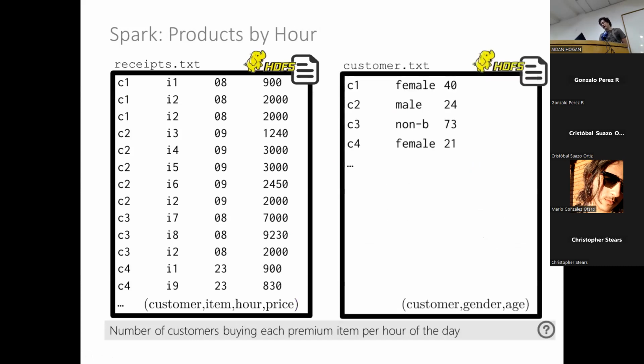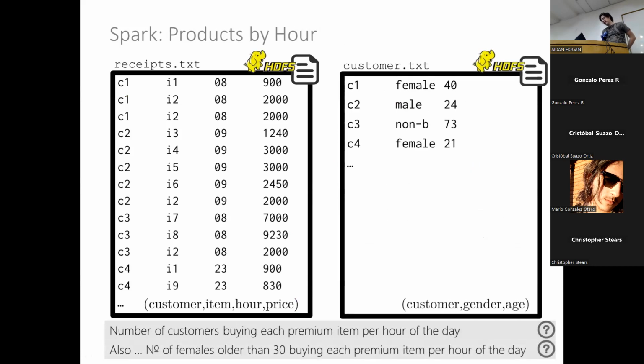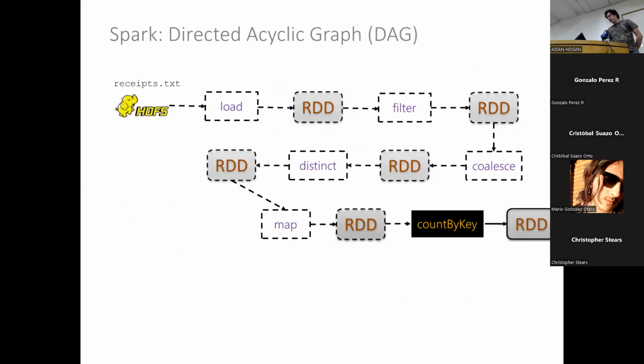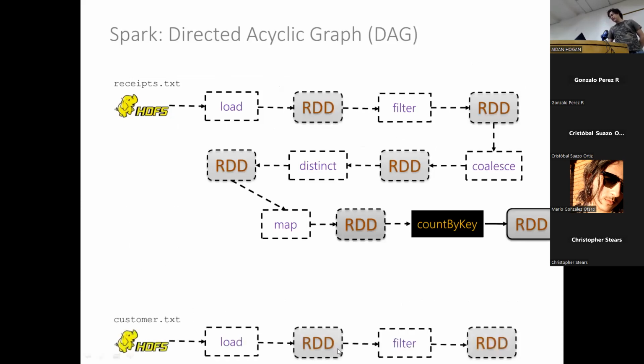Let's have a look at a more interesting branching one where we have some information about customers. Now we want to know not just the number of customers buying each premium item per hour of the day, but also the number of female customers older than 30 buying each premium item per hour of the day for some marketing purposes. So in this case, now we have some information about customers and we load that from a different text file. Now we're interested in applying the same process, but only considering the customers that are in this RDD here that are filtered.